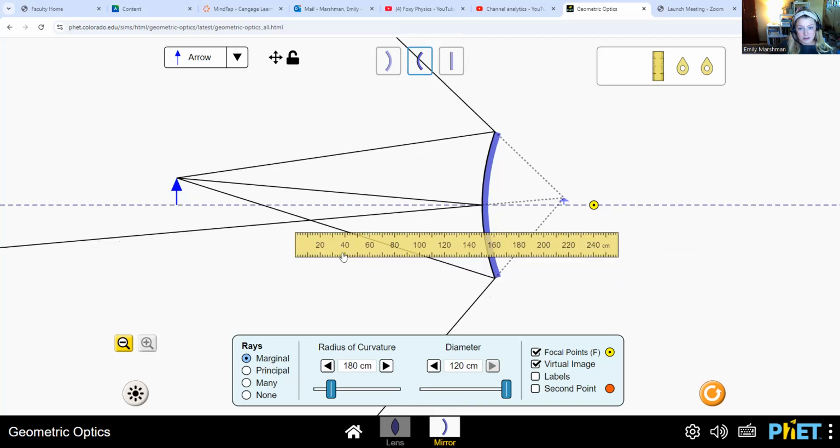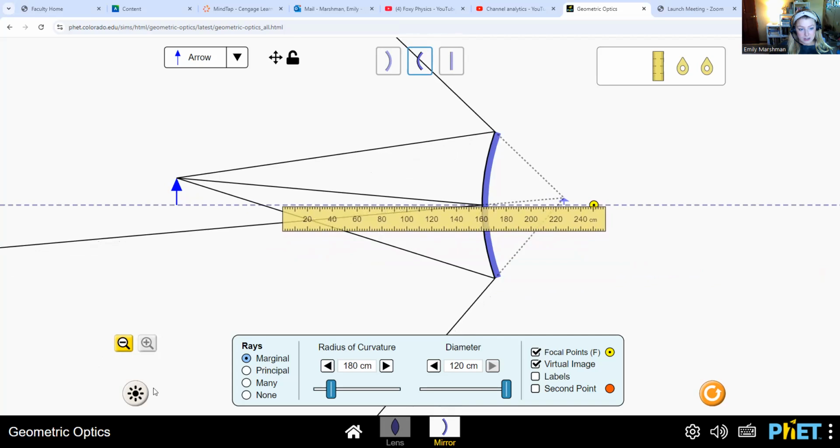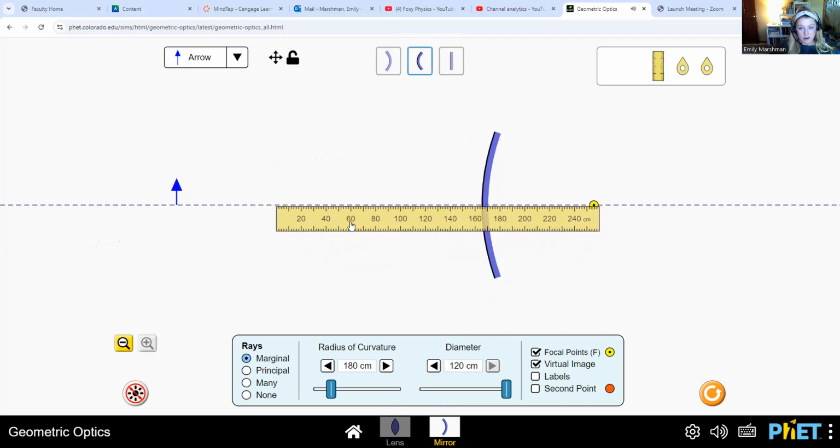Let's set up a situation here and make a prediction, and then we will see where the object will actually be located. So let's put the object 160 centimeters away, and let's make a prediction about where the image is and whether it's increased in size or decreased in size. So I'm going to put this at 160 centimeters away from the mirror.